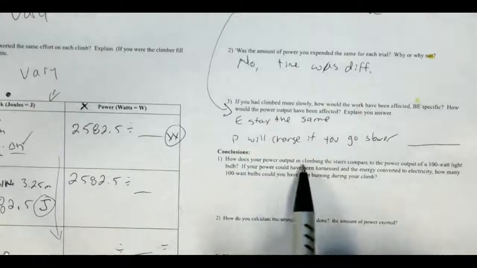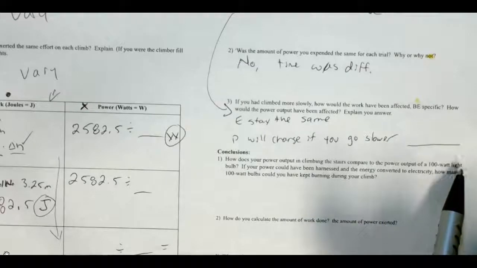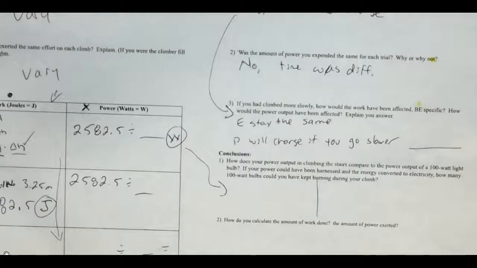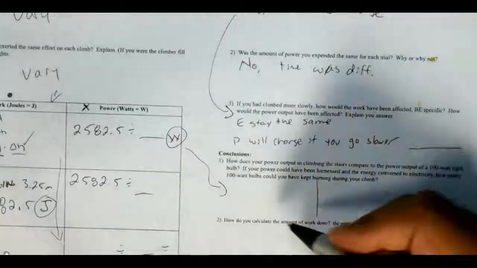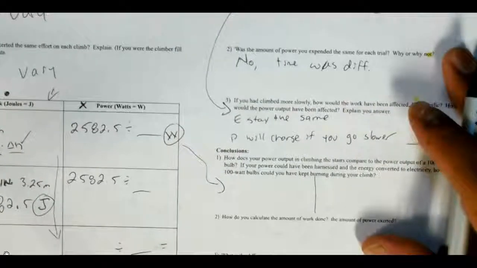How does the power output in climbing the stairs compare to the power output of a 100-watt light bulb? Pretty simple. So take a look at your wattage here. Basically, how many light bulbs could you light? Is it 2 light bulbs, 3 light bulbs? You can tell me.